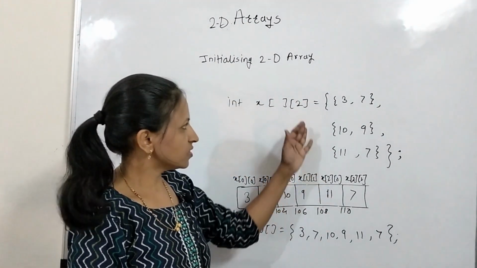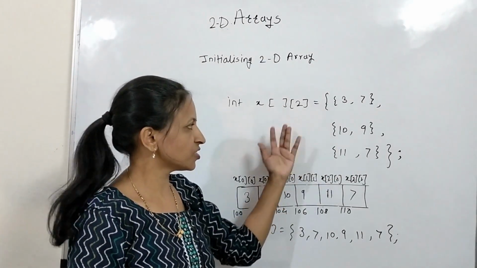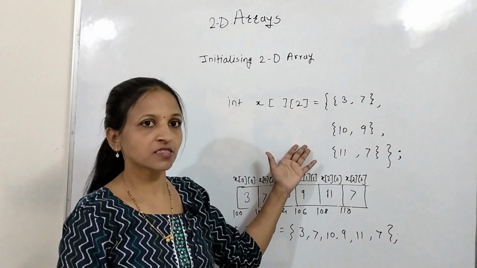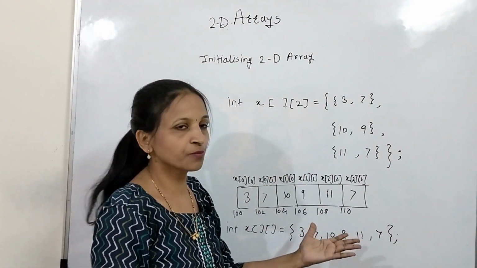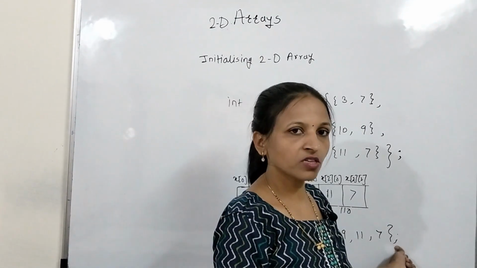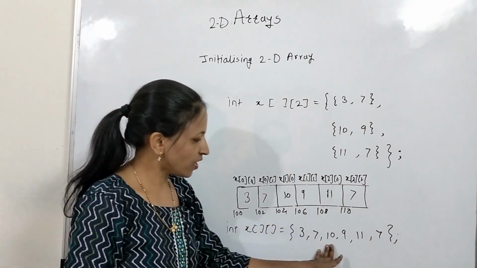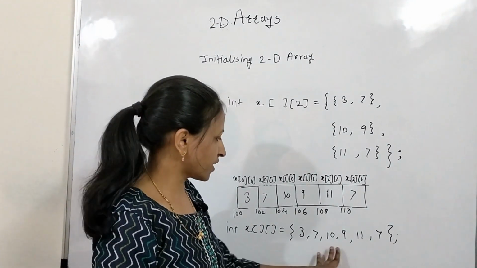Okay, this is properly understood. In this way, suppose we are initializing the array, then this is the better way, readability will get improved here. We can maintain the program easily here. By looking at these elements, we cannot say which elements the first row will have, which elements the second row will have.